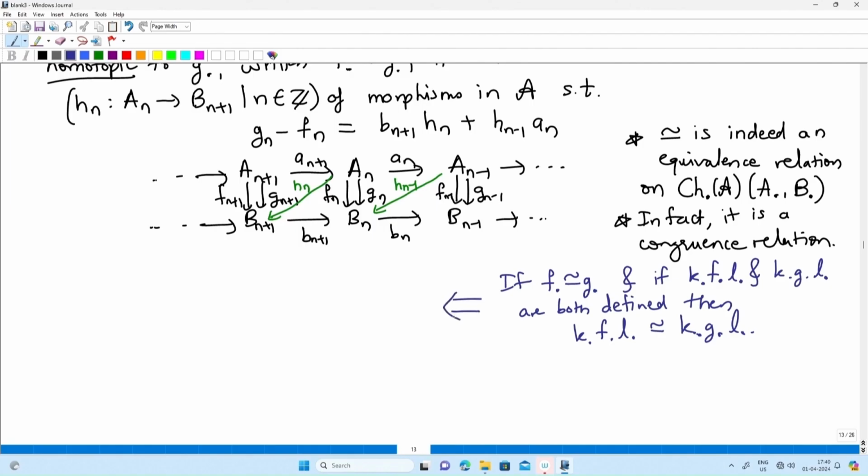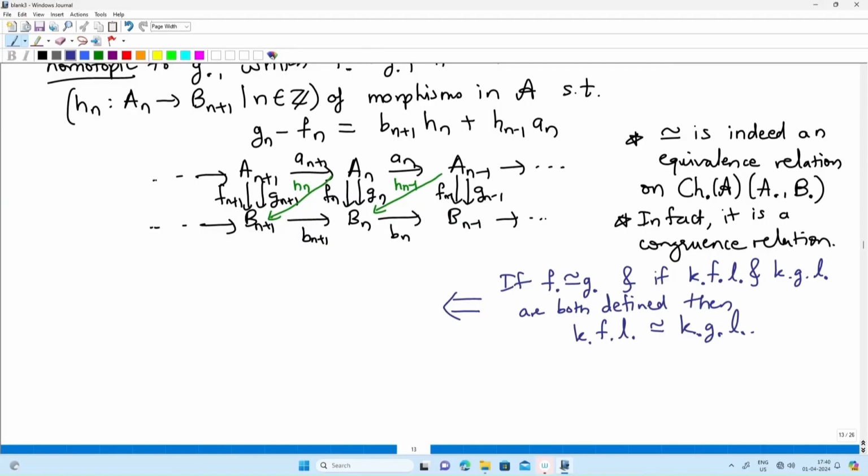Now try to remember something from the beginning of the course. Whenever you have a congruence relation on hom sets, then what can you do? We can quotient out by that, and that quotient is called the homotopy category.